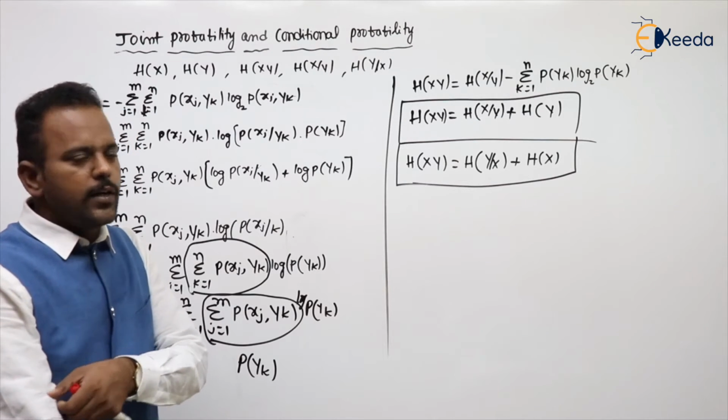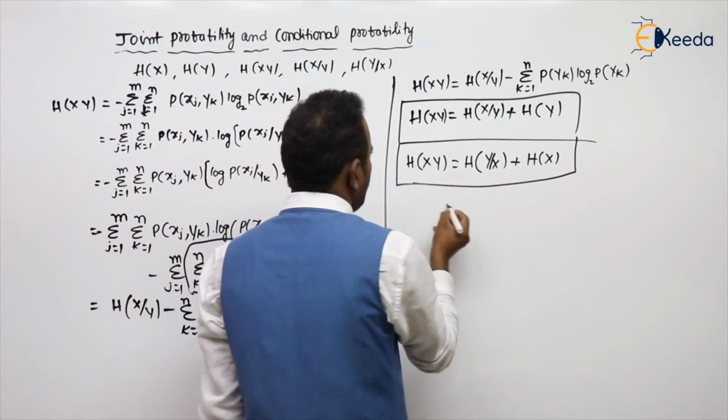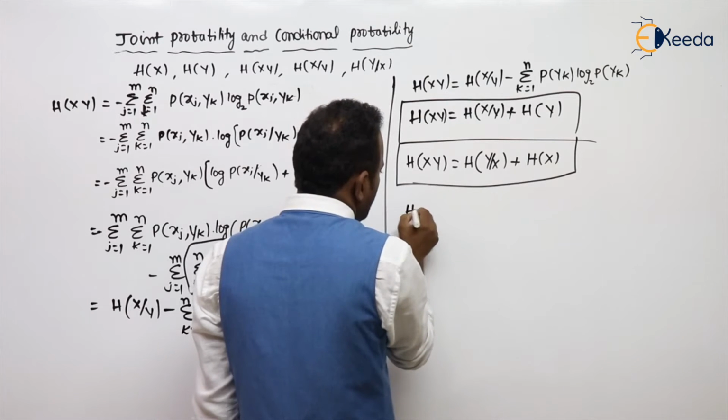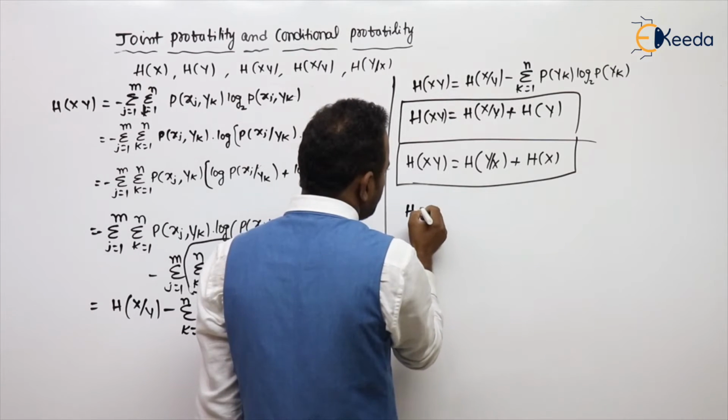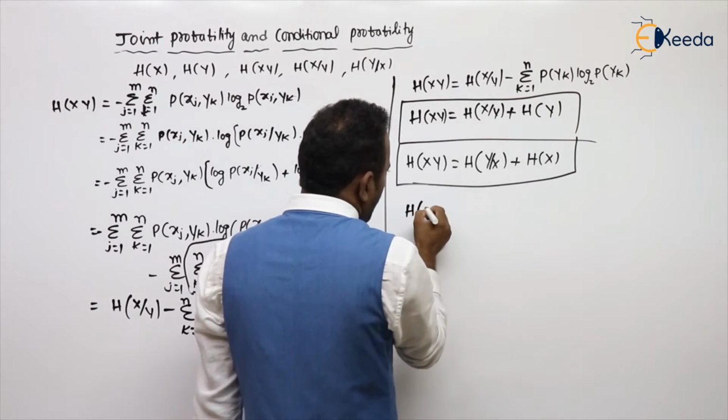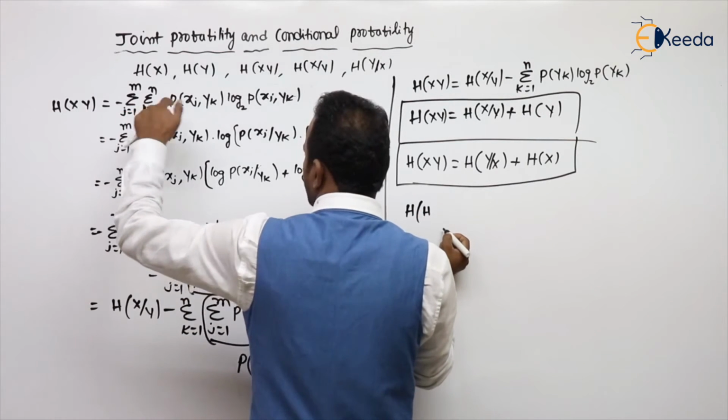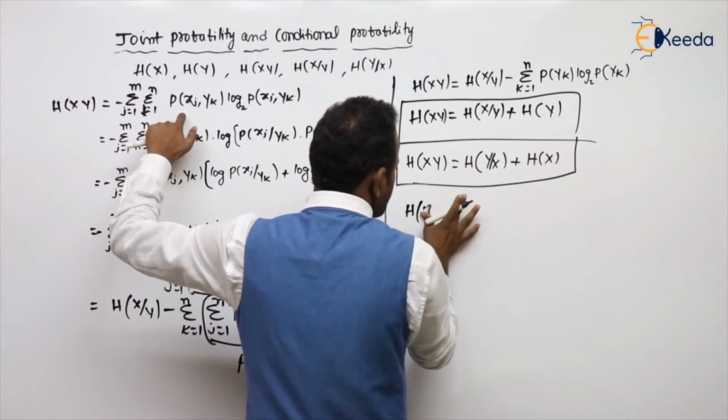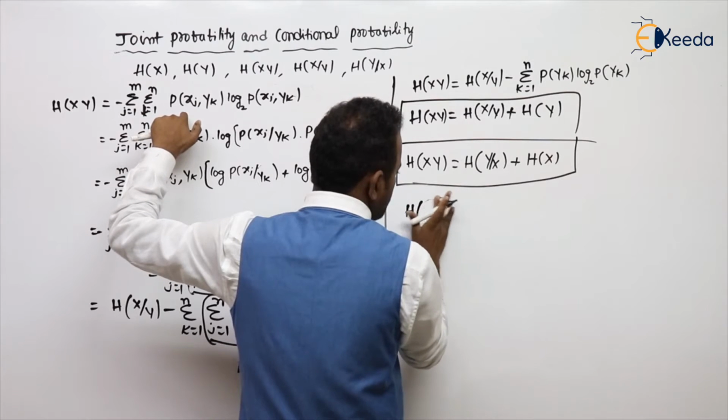So what are the final conclusions? Once more, the joint probability value is already written. What are the conditional probability formulas? That is important.